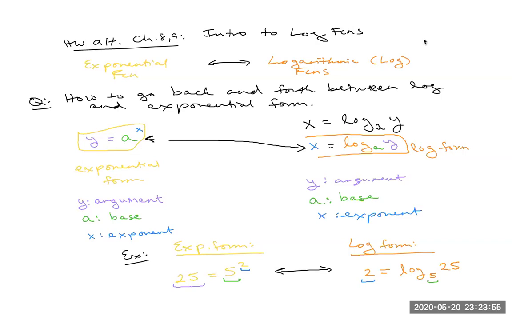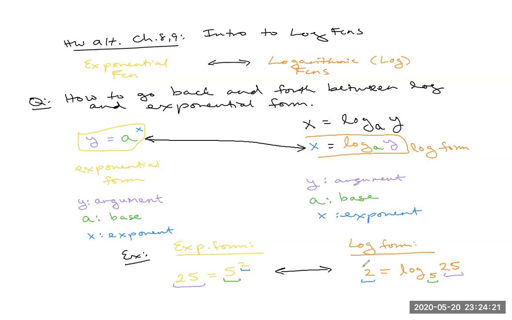Okay. So what this is saying for the exponential form is if I take 5 and square it, then I would get 25 for my argument. If I look at the log form, I'm saying if I take the log of 25 with base 5, I get 2. What does that mean?